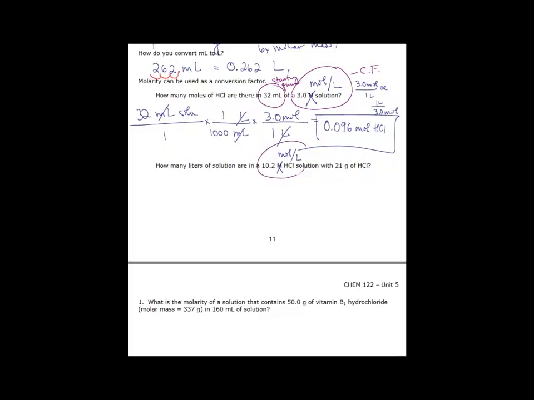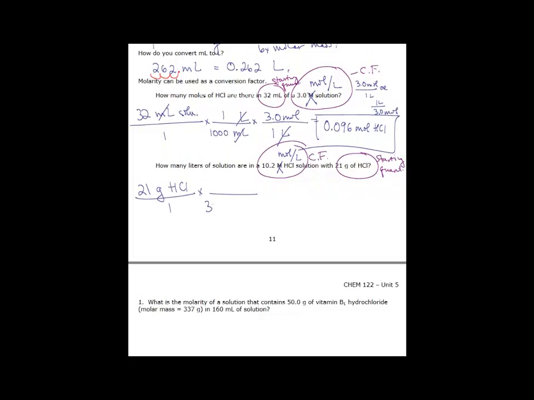This is our conversion factor. This is our starting quantity. So I'm going to write 21 grams of HCl over 1. In order to use molarity, I need to have units of moles or liters, and grams is neither of those. So I need to convert my grams to moles.